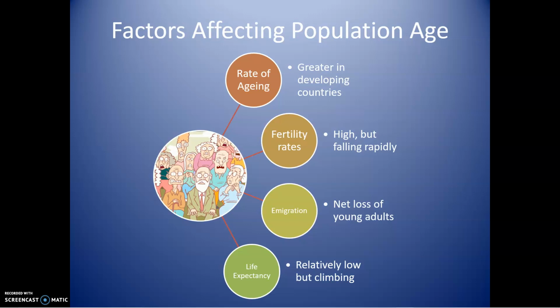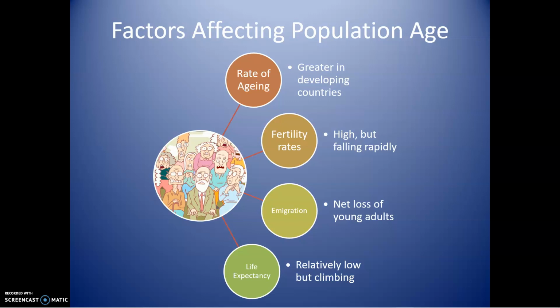So let's look at the three things that we introduced as causes of aging in the first lecture. Fertility rates. So remember, we said a drop in fertility rate increases the mean population age by decreasing the percentage of people in the younger age group.